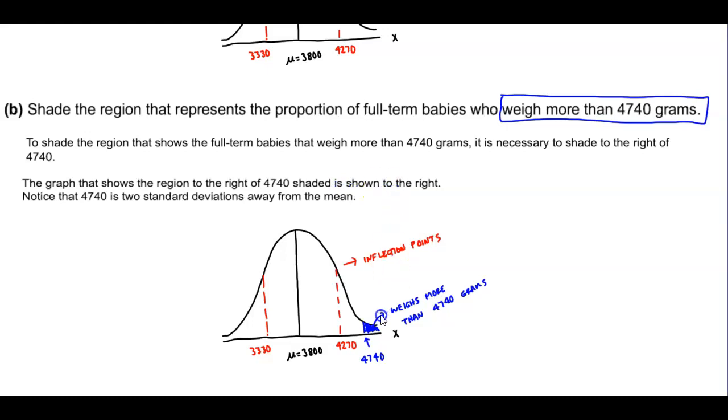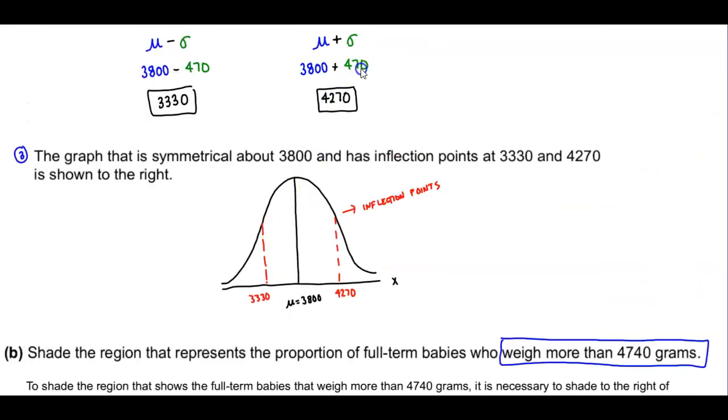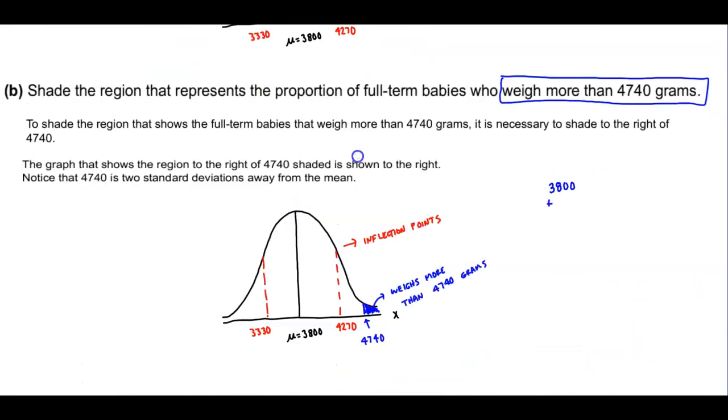Again, here we can notice that the graph shows the region to the right of 4,740 shaded. And notice that 4,740 is 2 standard deviations away from the mean. Because what is 3,800? If we add the standard deviation, recall that the standard deviation is 470, that gave us 4,270, so that's one standard deviation.